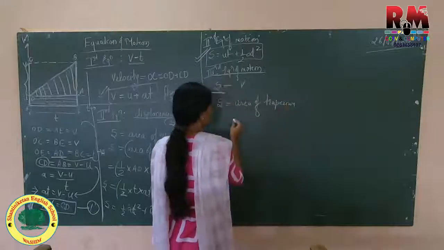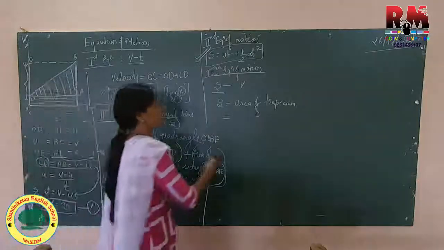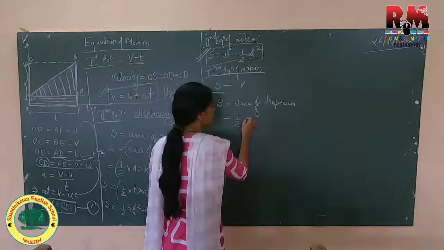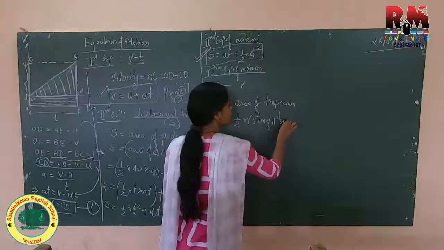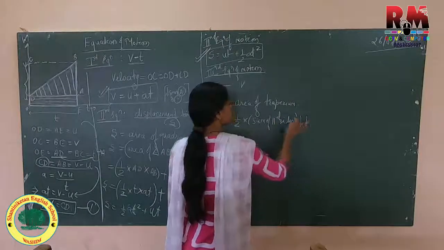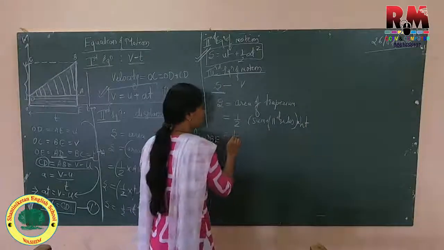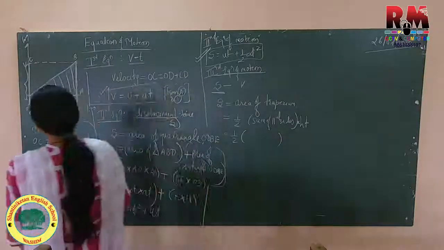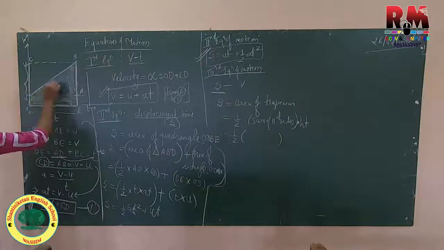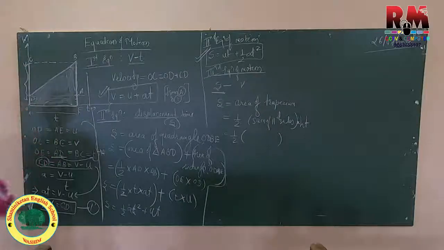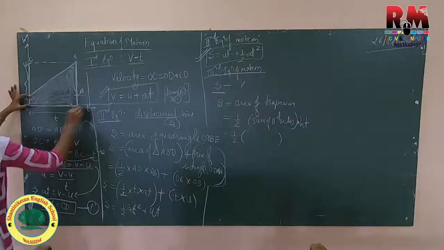Area of trapezium. Let us write its formula: half into sum of parallel sides into height. Now this is the trapezium. OD and BE are parallel sides.